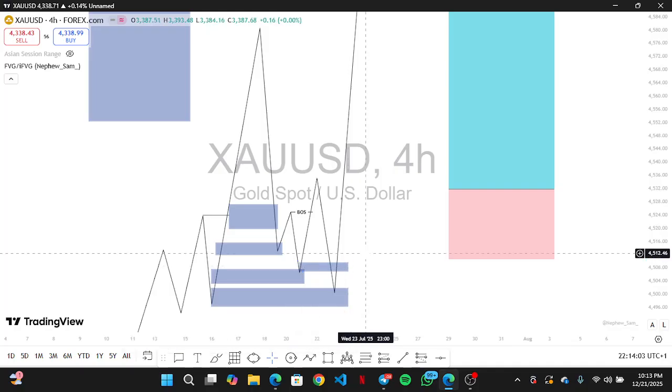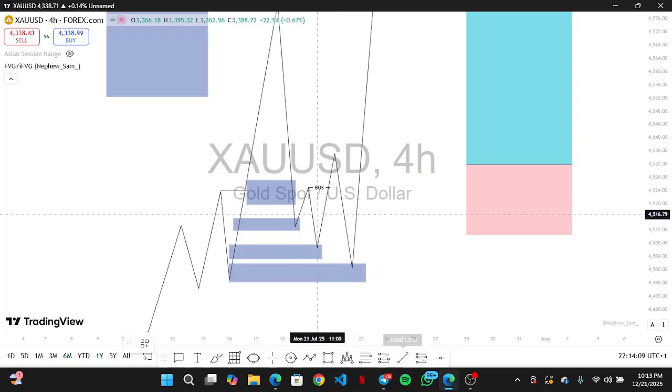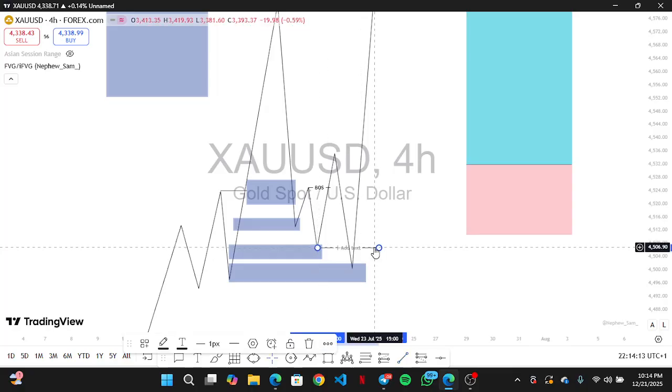So now this will serve as what I call an engineered liquidity. In this case now, this will give you what we call an engineered liquidity. Let me write it down. Engineered liquidity. Let me take it to the right.